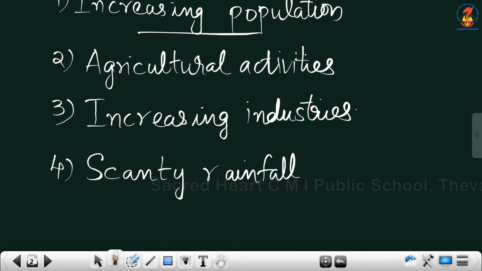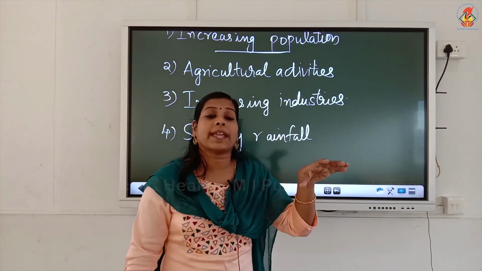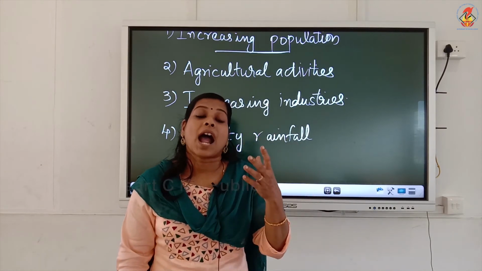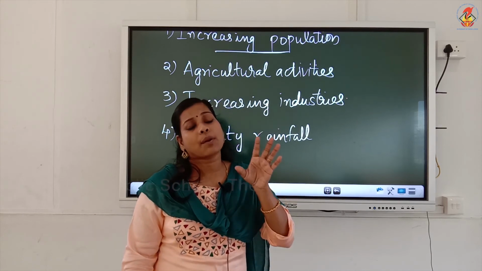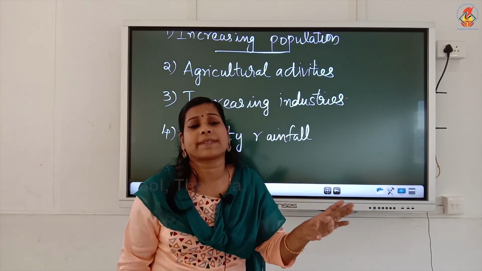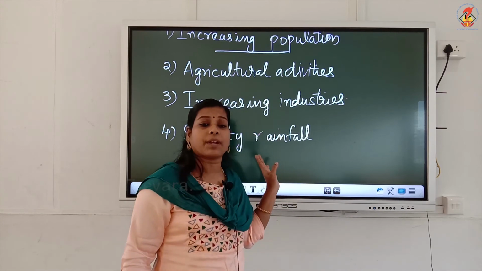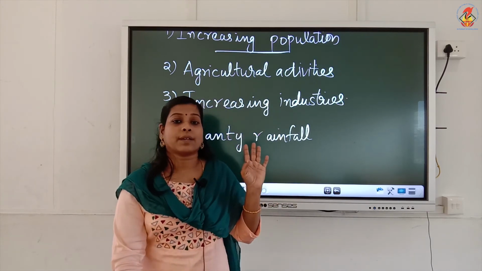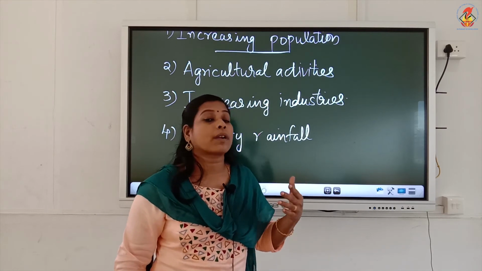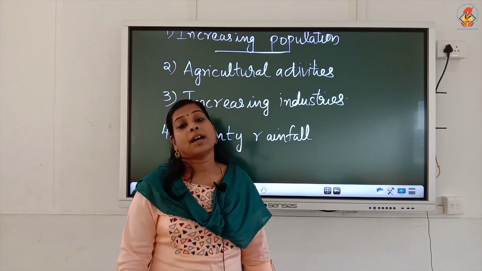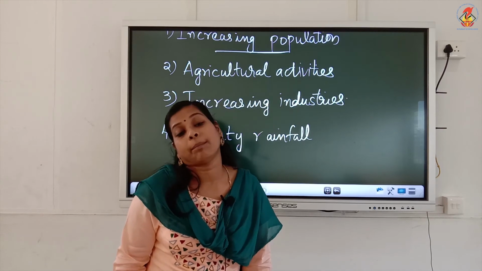So, in those places, for agricultural activities and cultivation, we have to depend completely on groundwater for irrigation. So, there also we are depending more on groundwater, and there also the water table is being depleted.